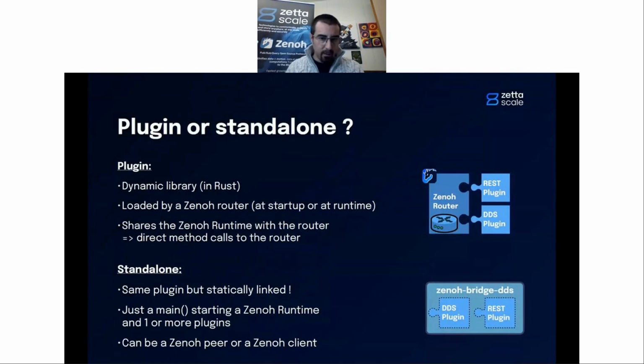And this zenoh-bridge-dds can be used as a Zenoh peer or a Zenoh client. So it can be deployed in all the various ways that I showed in the earlier slide, either as peer-to-peer communication between bridges, or bridge to a router and then to another bridge, for instance.